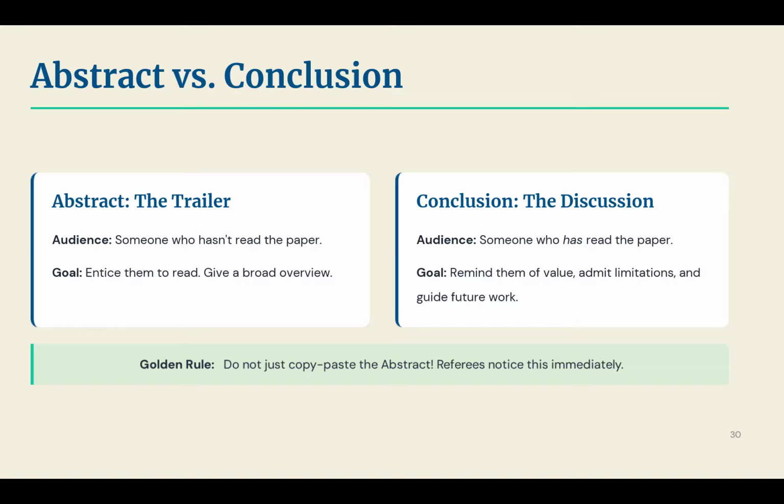But what you're doing in a conclusion is a holistic, big picture discussion of what you have done with your reader. The audience by now, when it comes to reading your conclusion, is someone who has probably read your paper, or at least is interested in the paper. That's why they are coming to the conclusion.